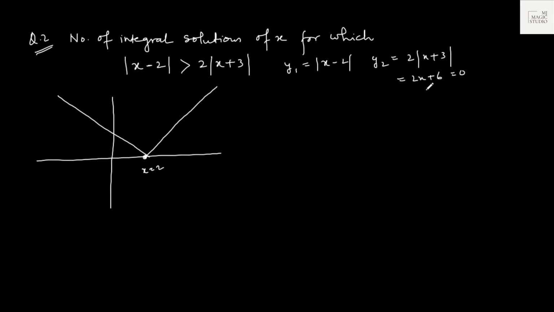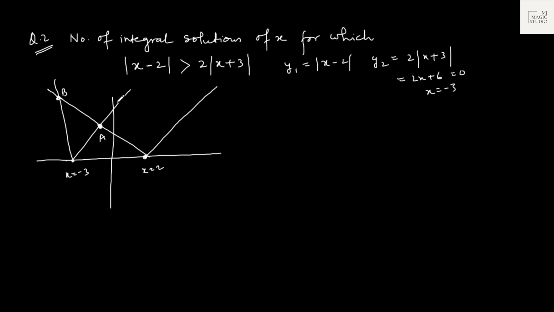If I put this as 0, x will be equal to minus 3. So this will start from the point x equals minus 3, and it shall go like this, suppose. That means these two graphs meet at 2 points, A and B. Our job is just to identify these 2 points.